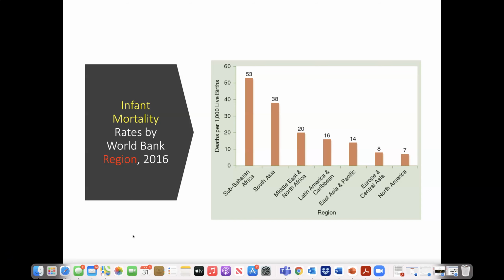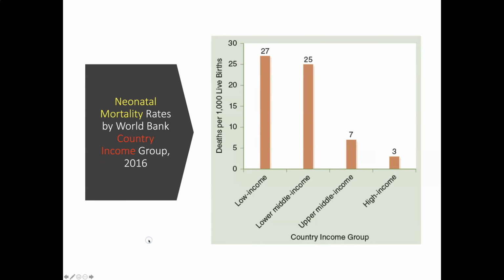Infant mortality rate is a really powerful indicator of the health status of a country. But maybe you didn't know that most children younger than 1 year of age actually die in the first month of life. And that's why what's also looked at as one of the key indicators is the neonatal mortality rate, which is death within that first month of life, or the first 28 days of life.